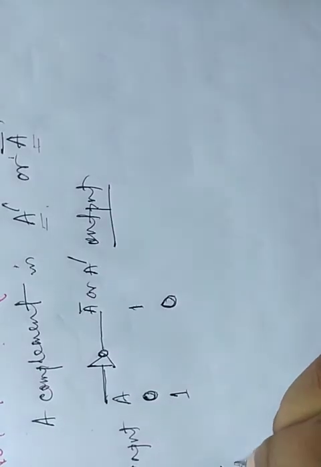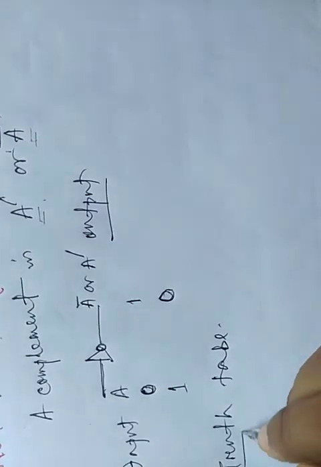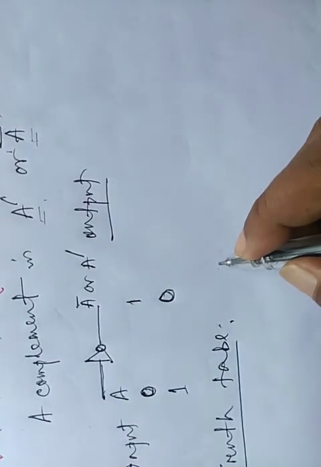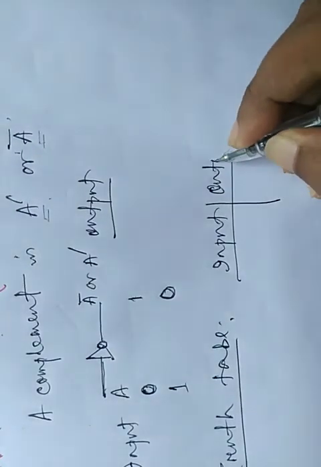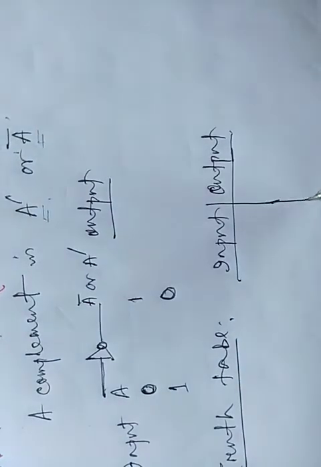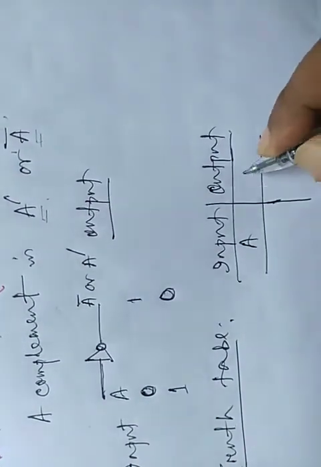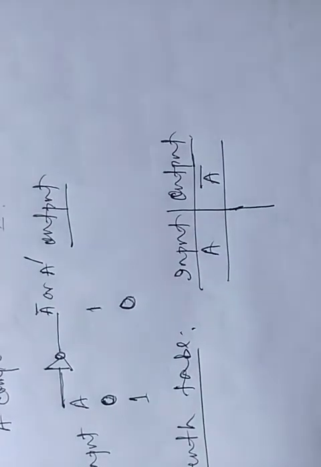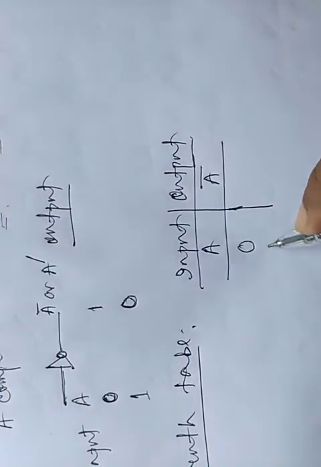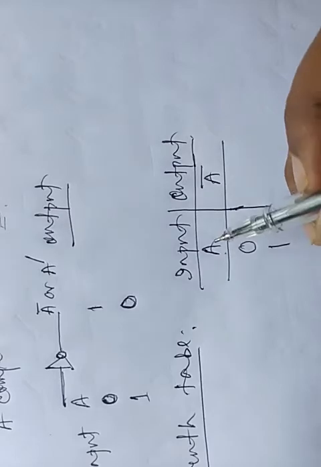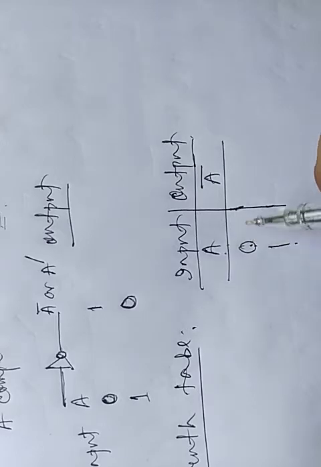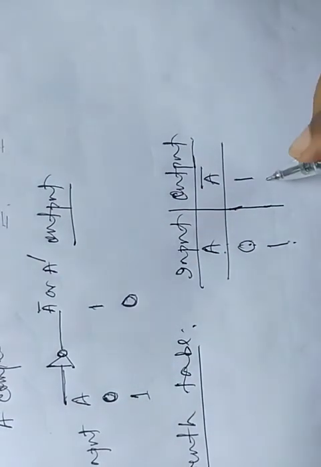So our truth table for NOT gate has input A and output A bar. As it is a single operation, either input is 0 or input is 1. Other combinations cannot be possible because only one input signal is there. So if input is 0, output is 1, and if input is 1, output is 0.